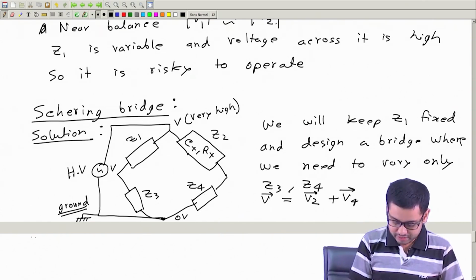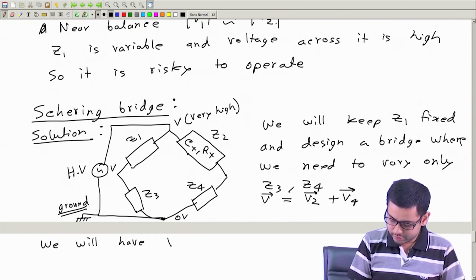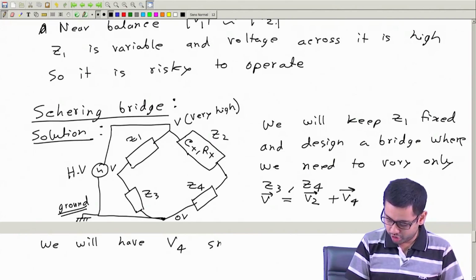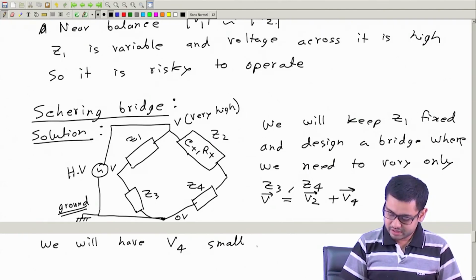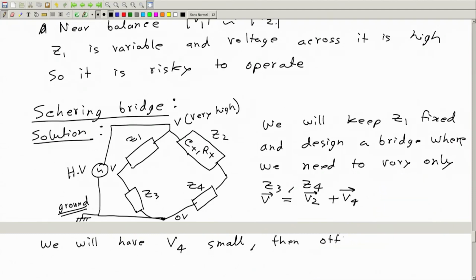Okay. So, we will have V4 small, then of course V2 and also V very high.